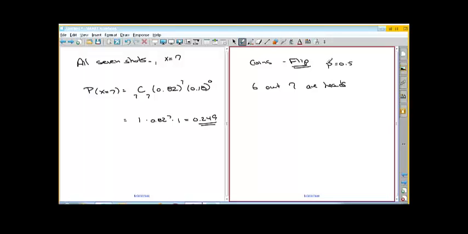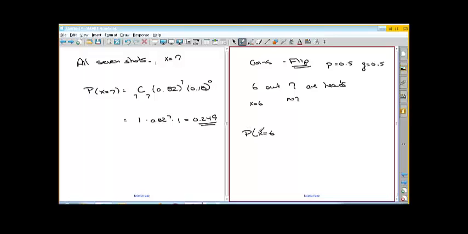For the basketball, we had to say what it was, but for coins, it's always 0.5. It's either heads or tails. So if I ask you what's the probability of getting 6 out of 7 of the coins as heads, in this case, n is equal to 7, x is equal to 6.